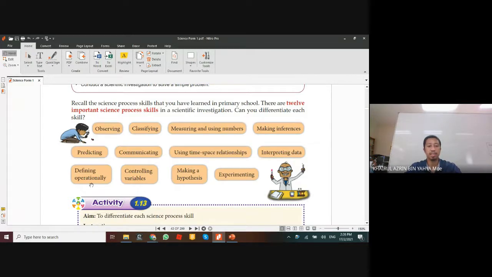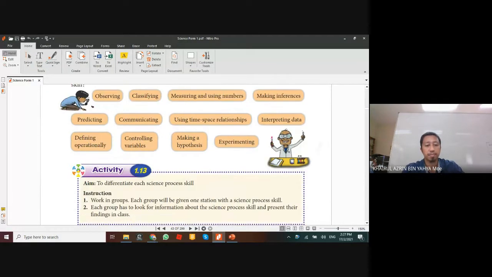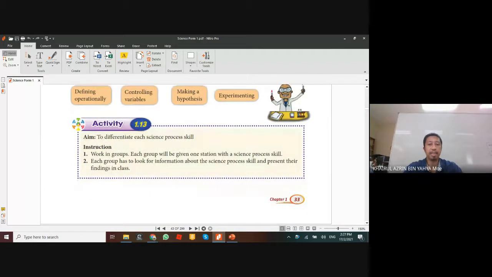Defining operationally, and then controlling variables. Variables, we'll go more on this one. We have 3 types of variables. And then making a hypothesis, and then experimenting. However, today we want to do this one, experimenting. So this is the activity to differentiate each science process skill.